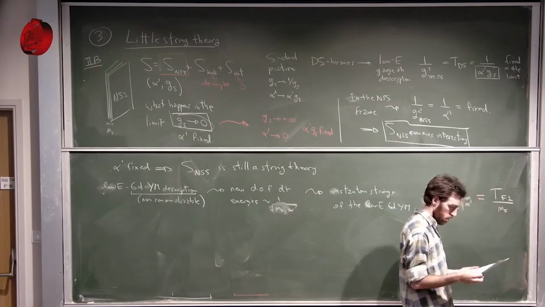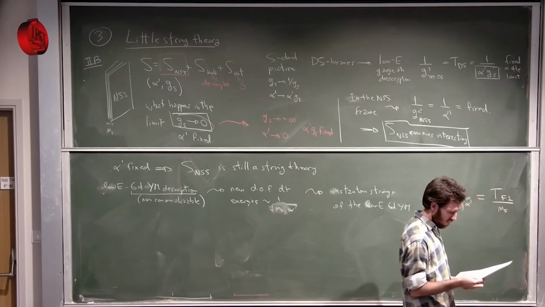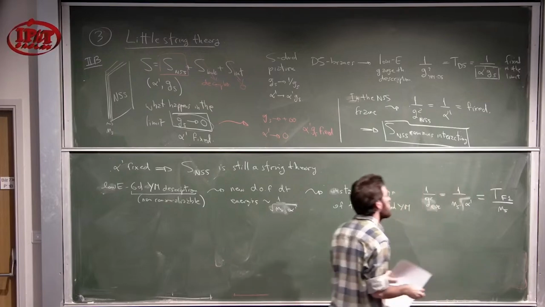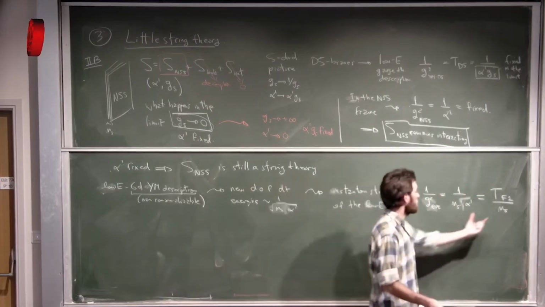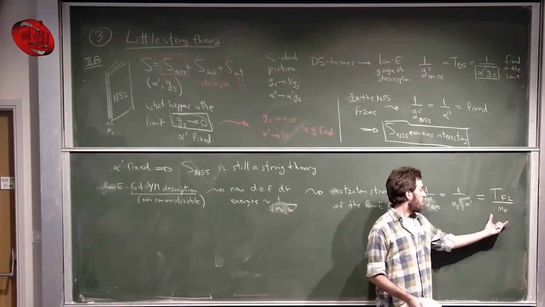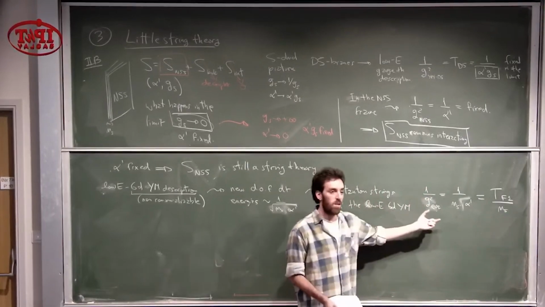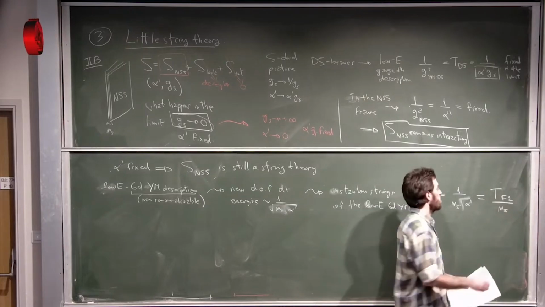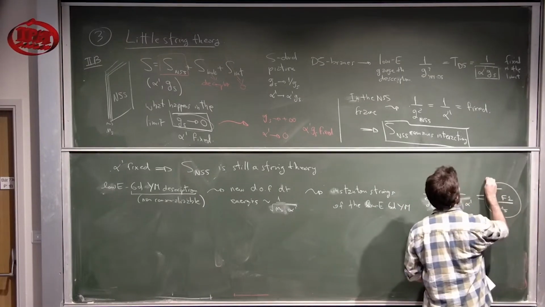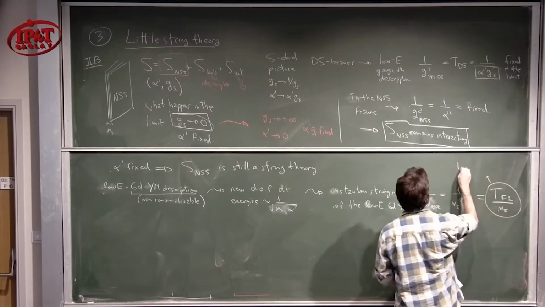I might be missing a square root here. No, I think it's fine. And because these 6D instanton strings have a tension that's lower by a factor of N5, in this frame these are called little strings.